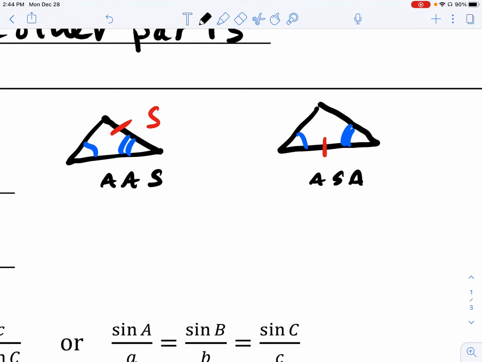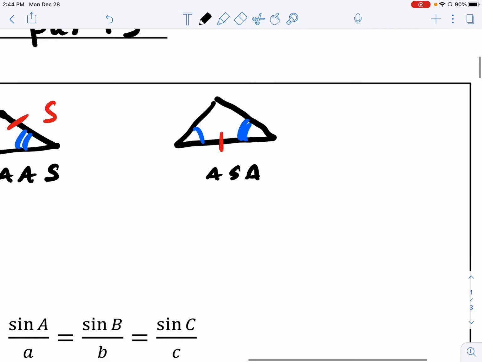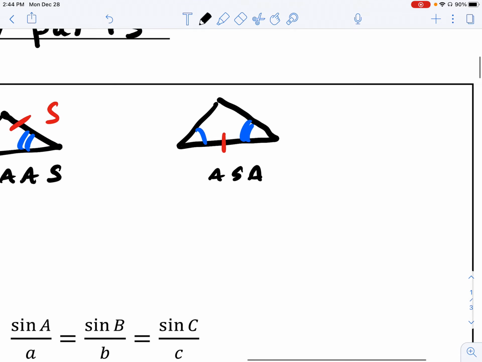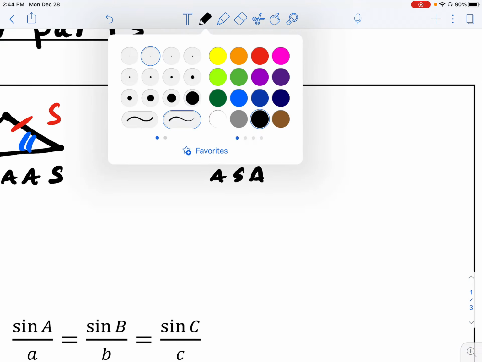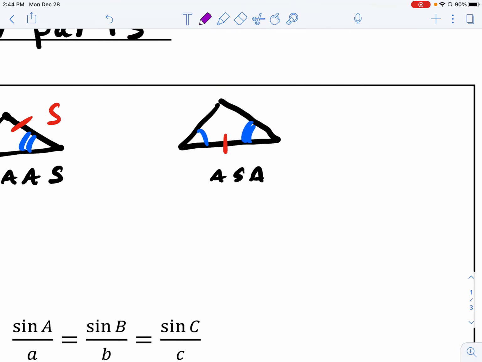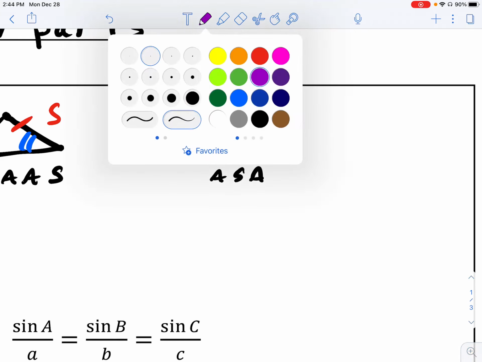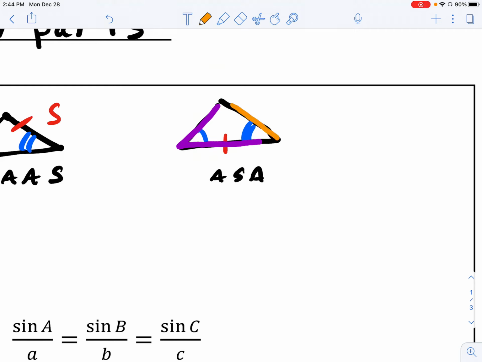The side that is in between these two angles, we call this an included side. And the reason we call it an included side is because this is the side that is included in forming those angles. We notice that this side here is included in both of those angles. So we call that an included side. So let's go back here.